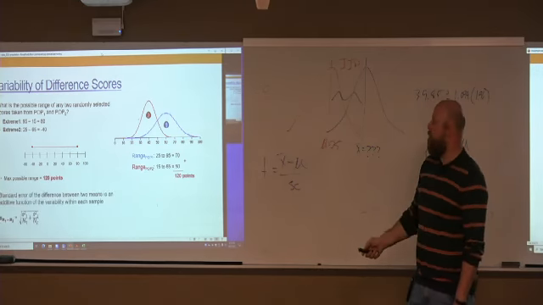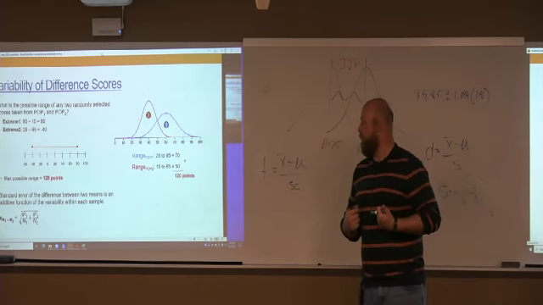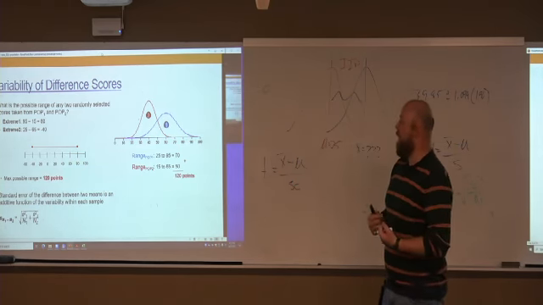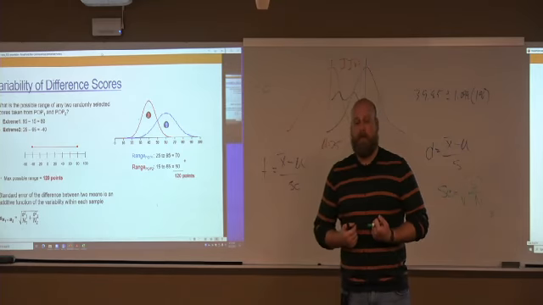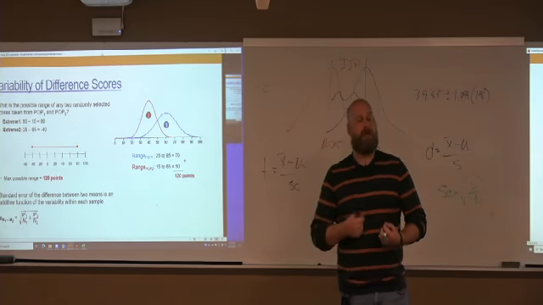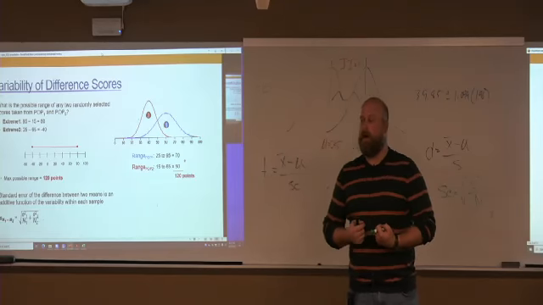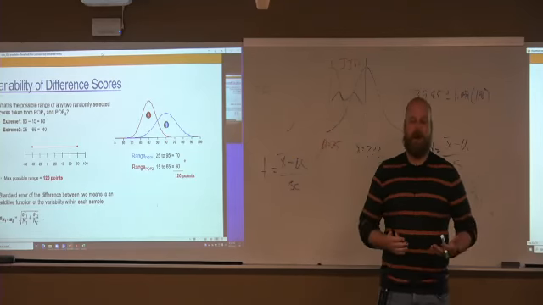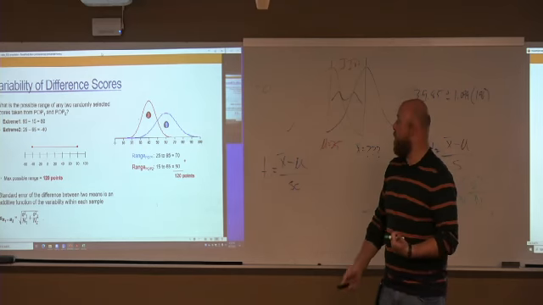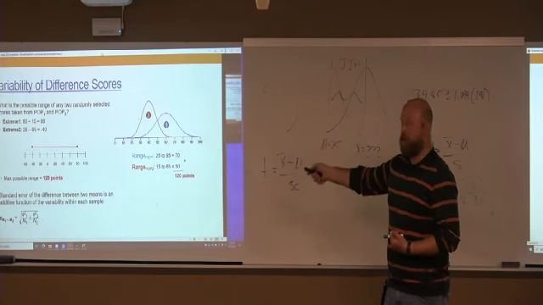So all of this is to say that when we're calculating the standard error of our difference between 2 means, it's an additive function of the variability within each sample, okay? And so we need to take into account 2 sources of error with this, which increases the uncertainty of our test statistic, just because there's a lot of variability, a lot of different outcomes that could happen. Now, in general, we're hoping that when we pull from population 1, we get something around here.